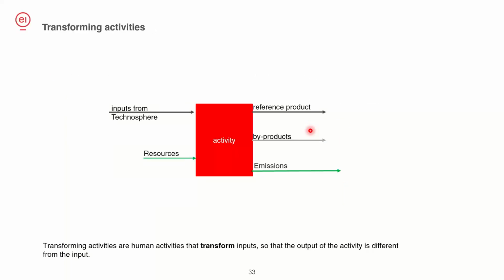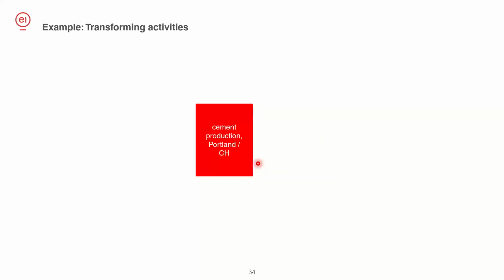A transforming activity, what we have seen until now in the representations, is an activity that transforms inputs so that the output of the activity is different from the input. An activity has inputs and outputs from technosphere and from the environment.